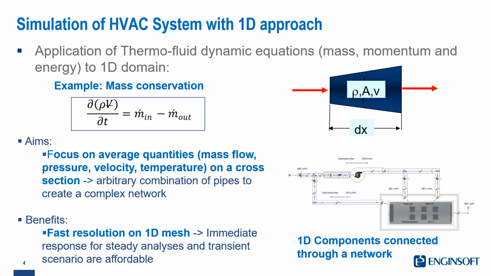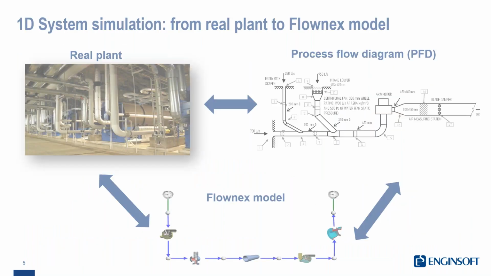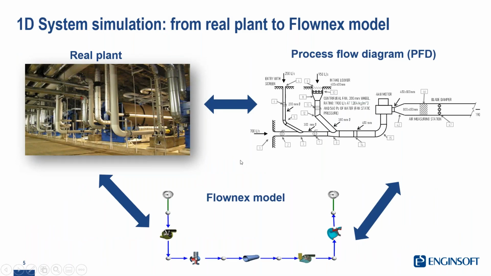So the idea of the 1D approach, and in this case we will see a 1D tool that follows this kind of approach, which is Flownex. You start from a real plant, and then, as I said, you have the process flow diagram that represents the plant, and then you are able to make, one-to-one in the Flownex model, like the PFD, each component for each part of the PFD.